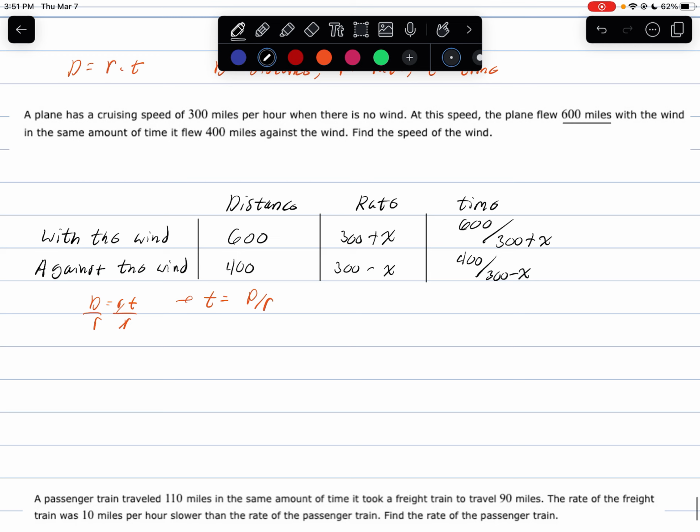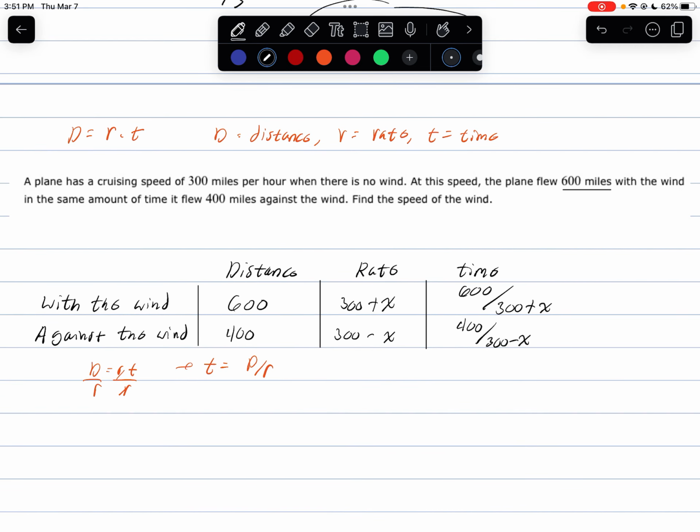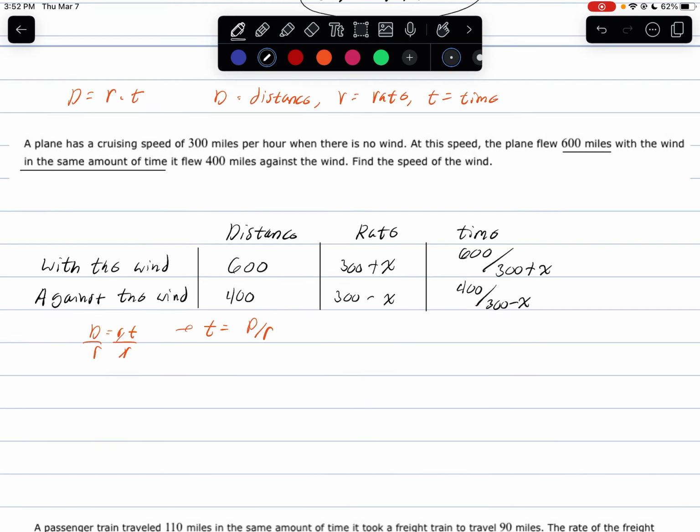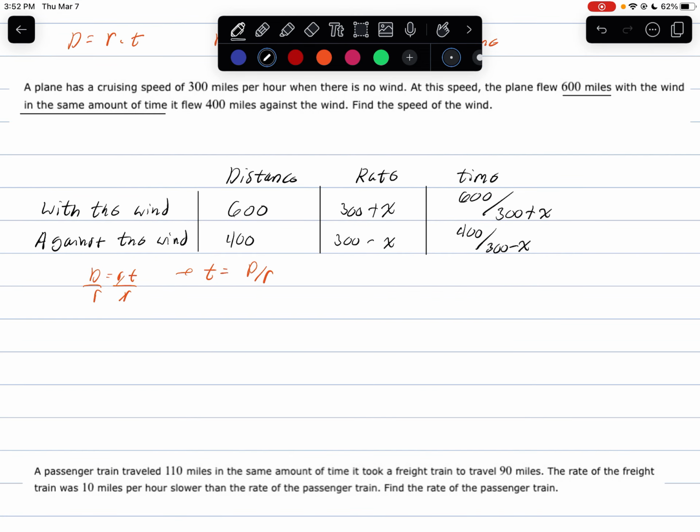So now what else do we know from this? This is probably another piece we have to put together. We have that the time is the same. It said at this speed the plane flew 600 miles with the wind in the same amount of time. So the time with the wind is equal to the time against the wind.